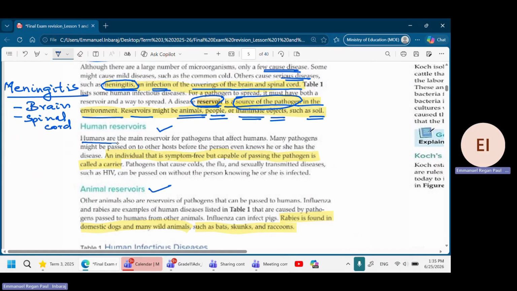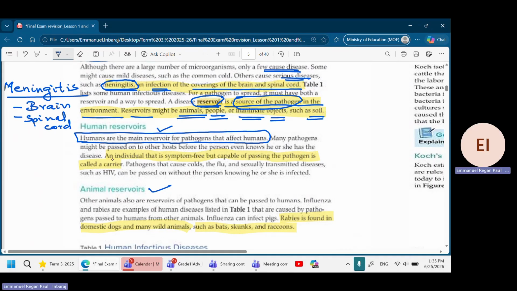So humans are the main reservoir for pathogens that affect humans, which means we get diseases from humans. Most of the diseases that we get are from another human. This is what you have to remember.